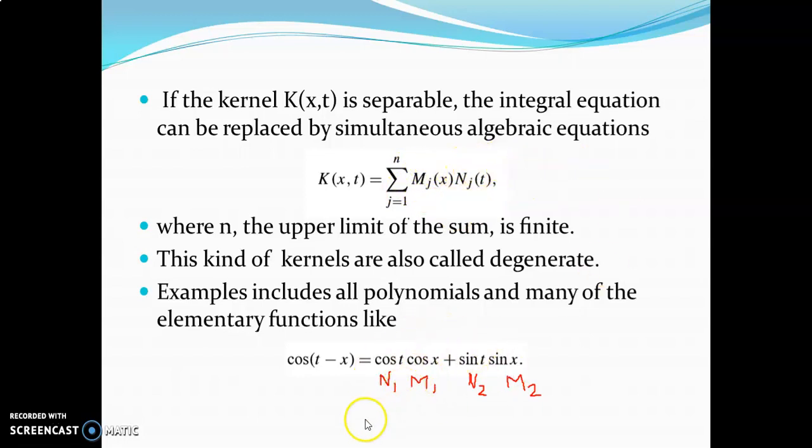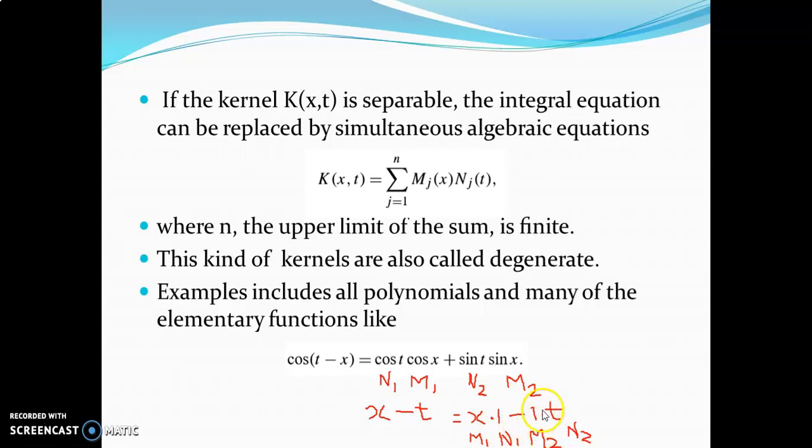These are the terms. And simple functions like x minus t can also be treated as separable kernels. Here x minus t can be written as x into 1 minus 1 into t. So x is the function of x, this is m1, and the function of t is a constant 1, n1.